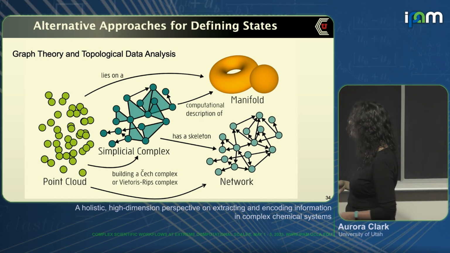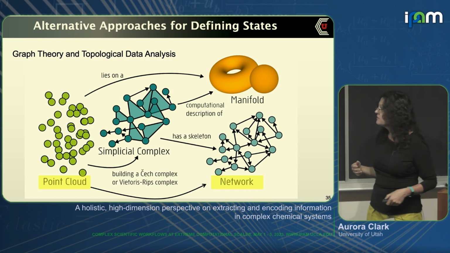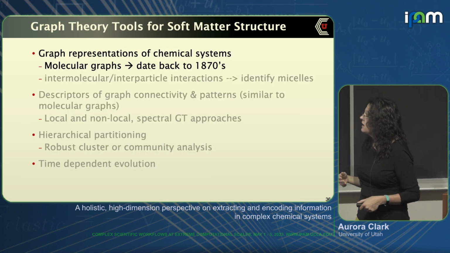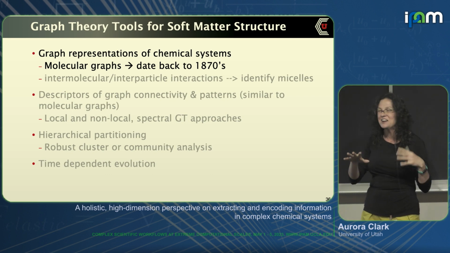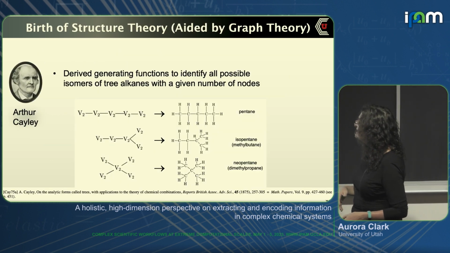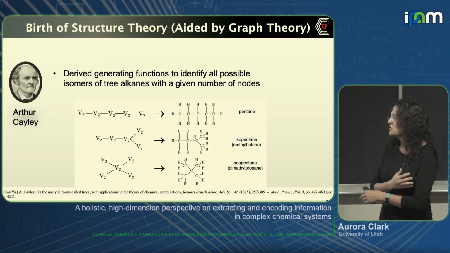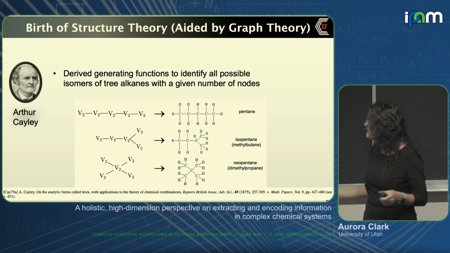And the first aspect of what I'm going to talk about is the connection between point cloud data and networks or graphs. And this has a very, very long history in chemistry. We've seen lots of graphs already in the context of different types of molecular descriptors. It dates back to the 1870s, where Arthur Cayley was first trying to enumerate all possible alkanes based upon tree diagrams.